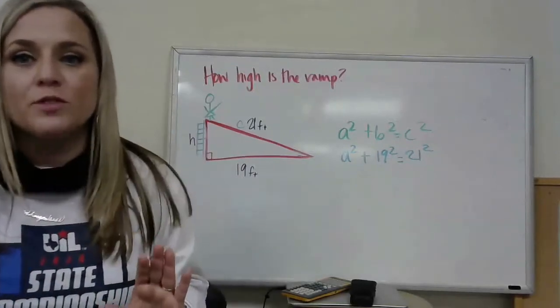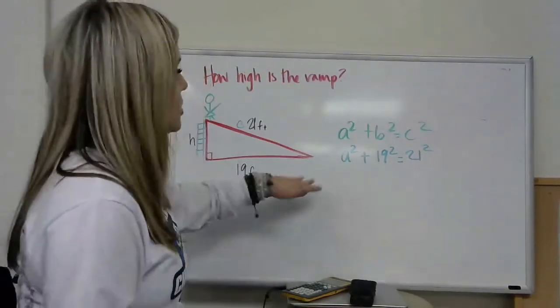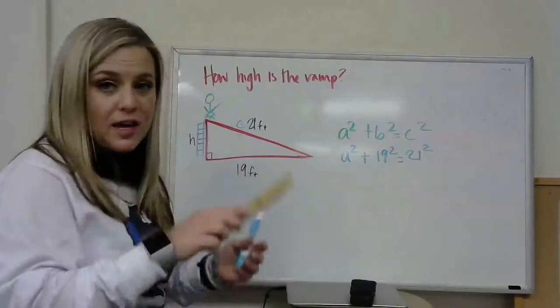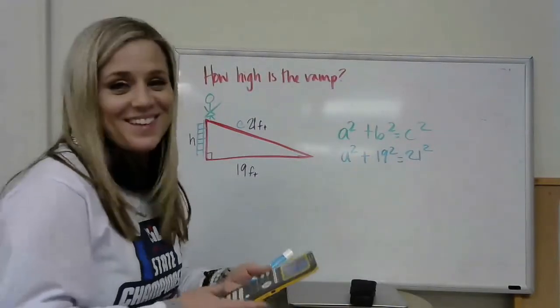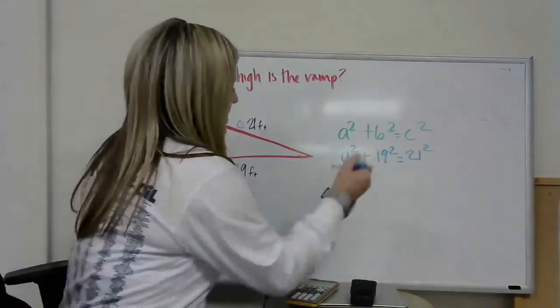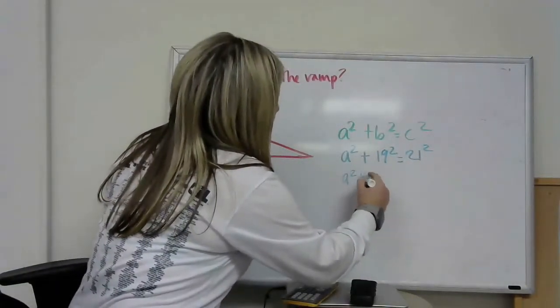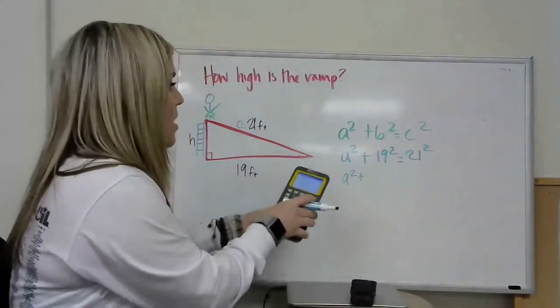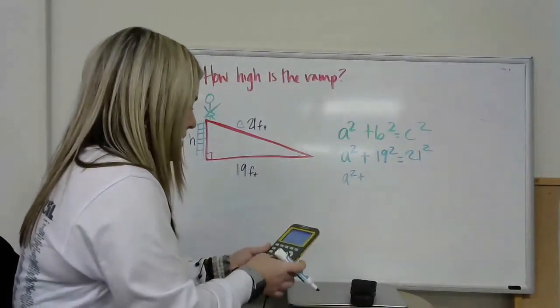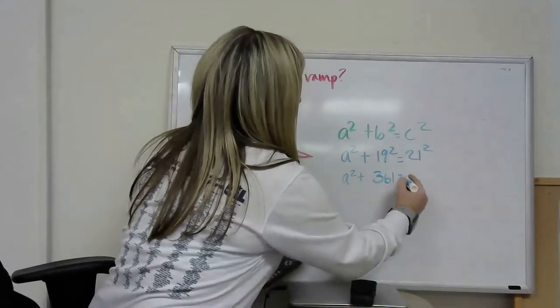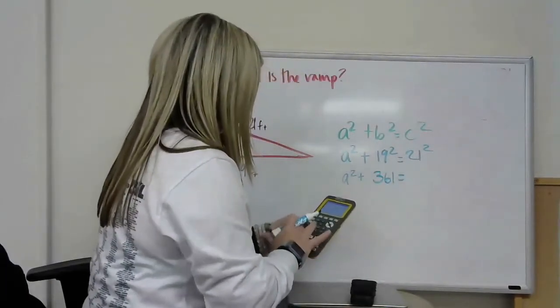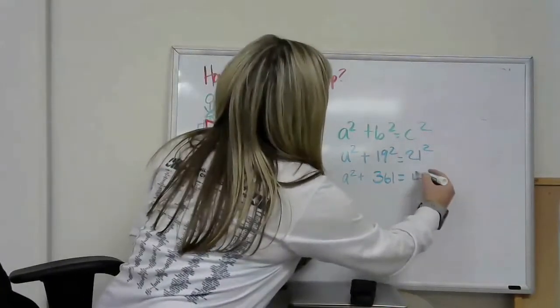Okay, so hopefully you've done the problem. Let's look at this. We know that we're solving for a squared. We have 19, and I'm squaring it. That's 361, and 21 squared is 441.